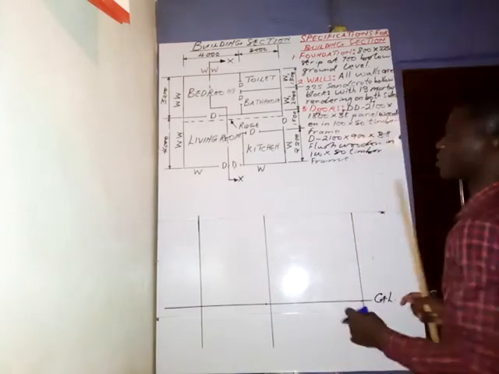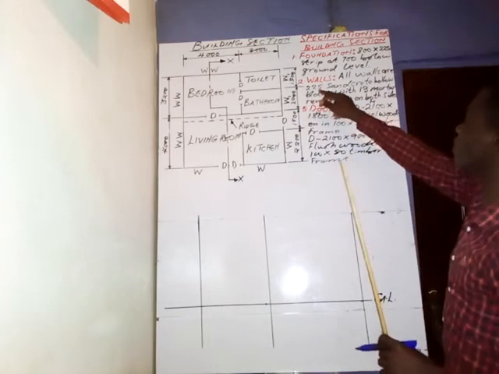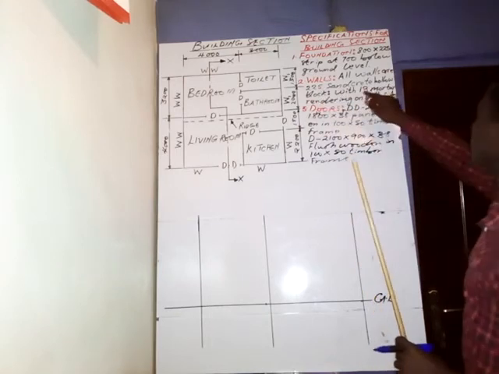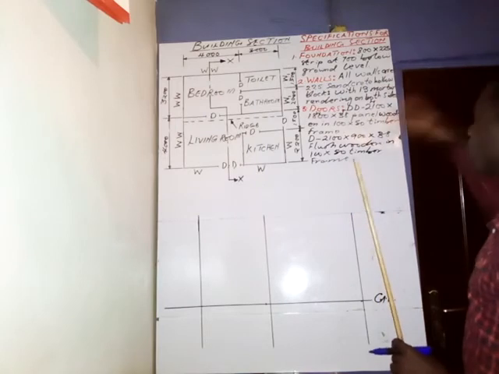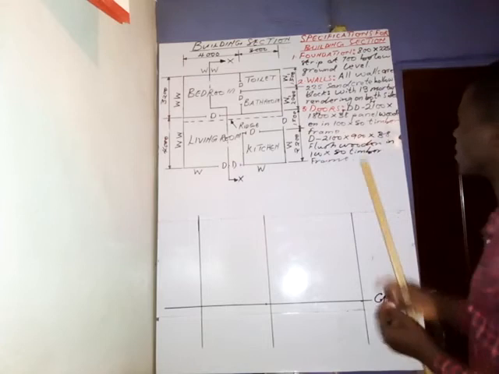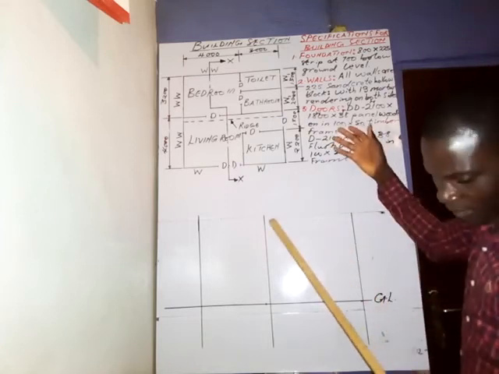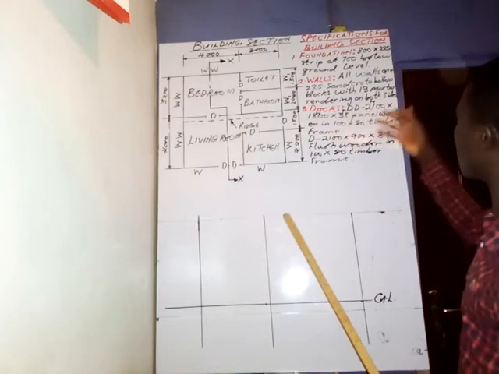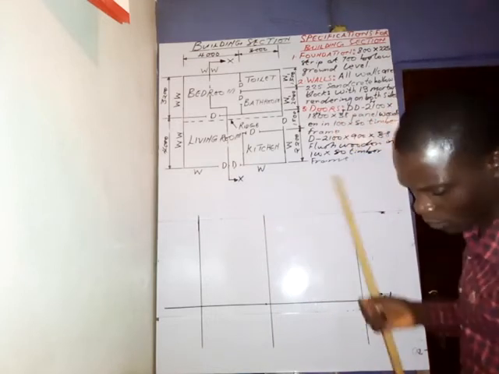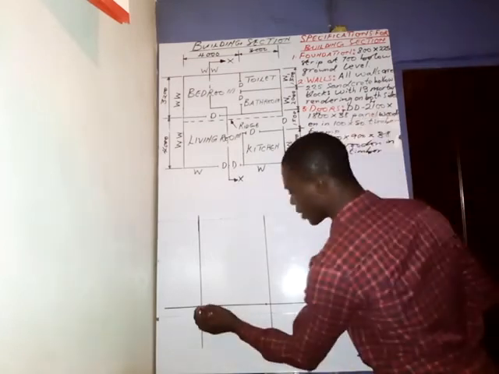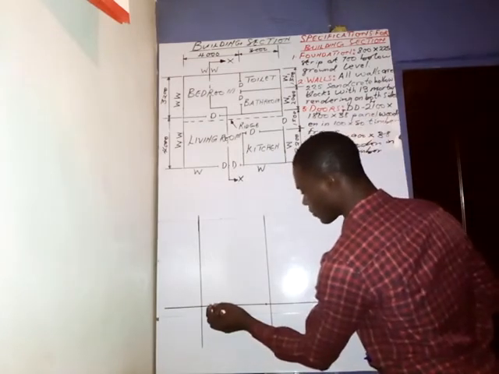Now let's take the thickness of the wall as we have here. So 225, that is the hollow block. Then we have 13 mortar screed on both sides. So 13 plus 13 will give us 26. So we add 26 to 225, and then that will give us 251. So 251 by 50 gives us approximately 5 millimeters. So what you need to do is to take a measurement of 5 millimeters from here to here.